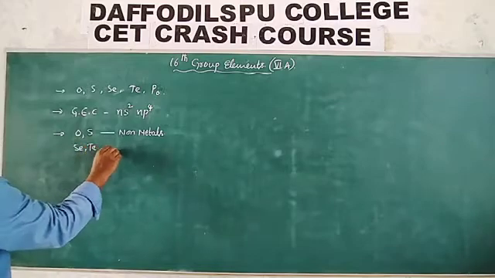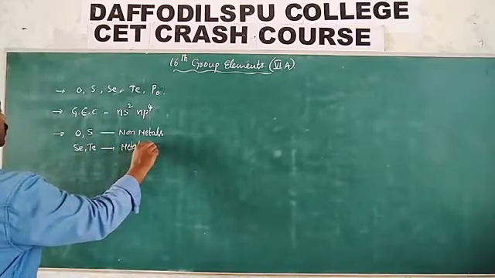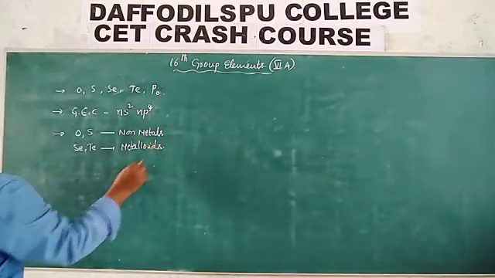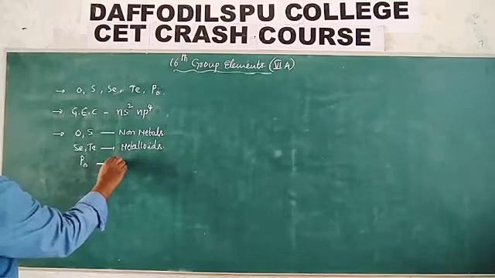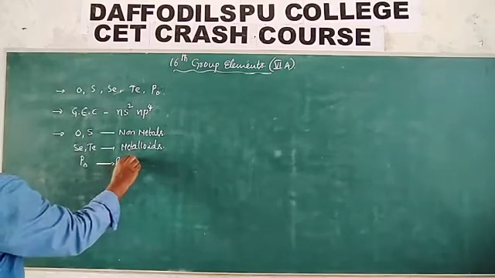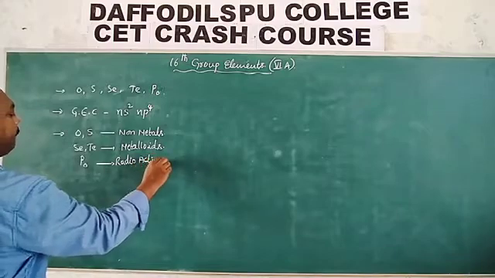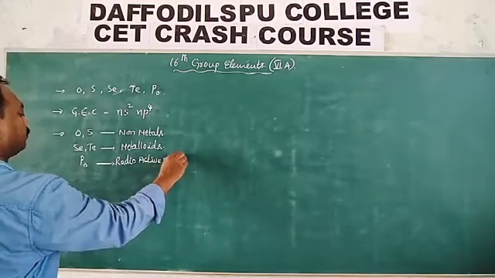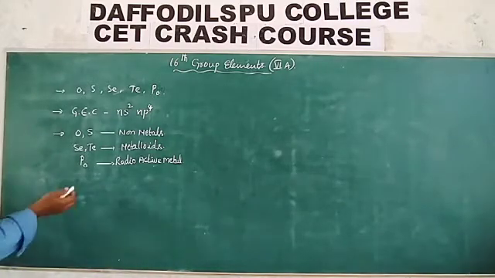Selenium and tellurium are metalloids. Polonium is a radioactive metal.